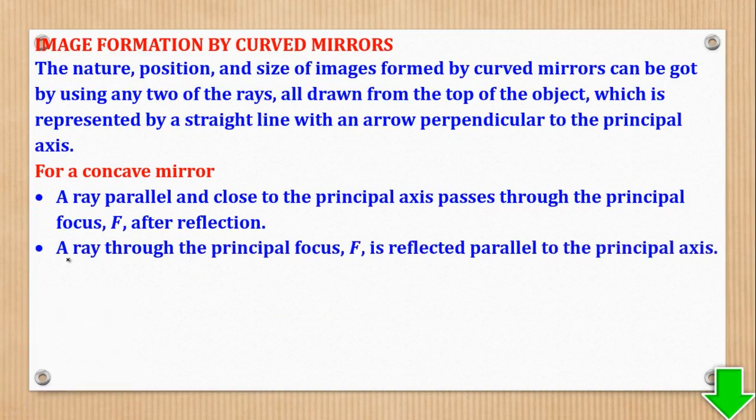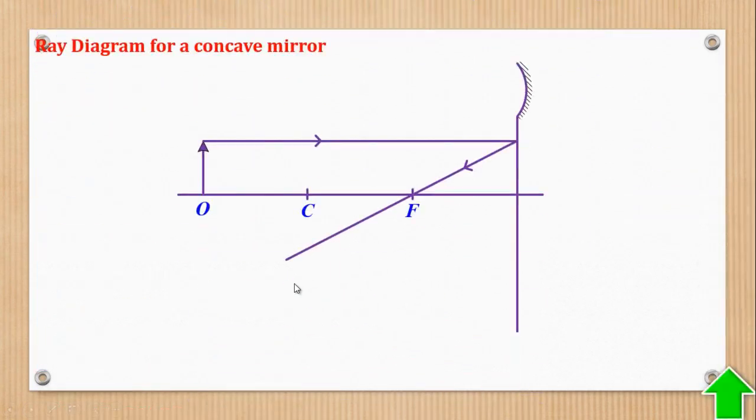The second one says a ray through the principal focus, capital F, is reflected parallel to the principal axis. Okay, so let's also see that. A ray through the principal focus, capital F, will be reflected parallel to the principal axis.